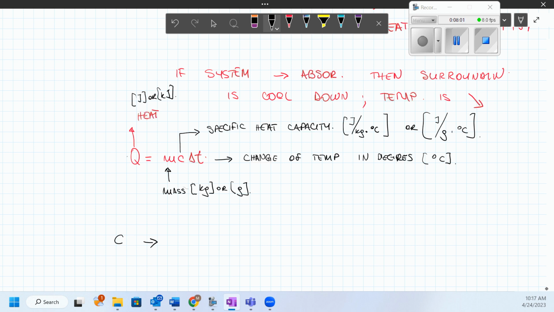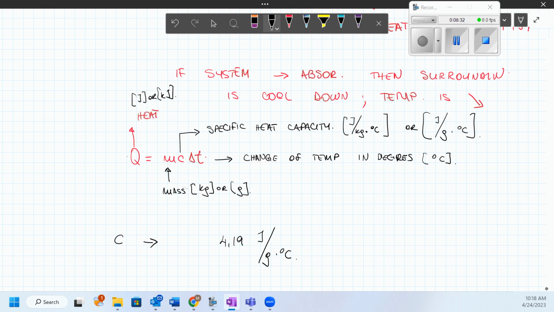Okay, so when we mention that the specific heat capacity of water is 4.19 joules per gram degree Celsius, that means that you have to add into 1 gram of water 4.19 joules to change the temperature by 1 degree Celsius.